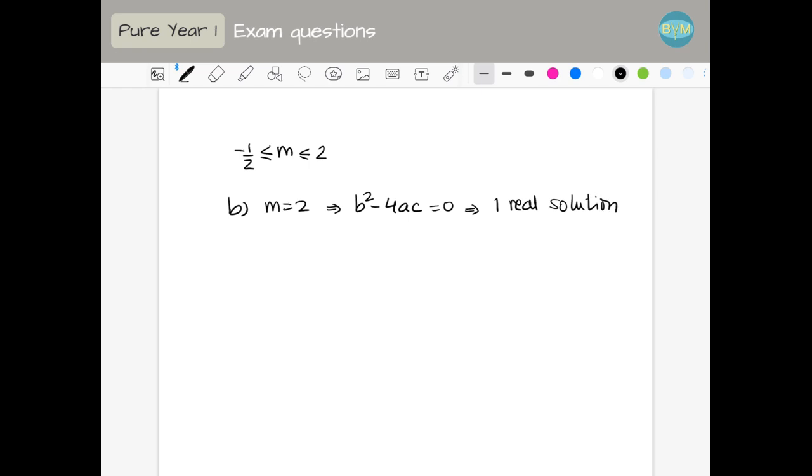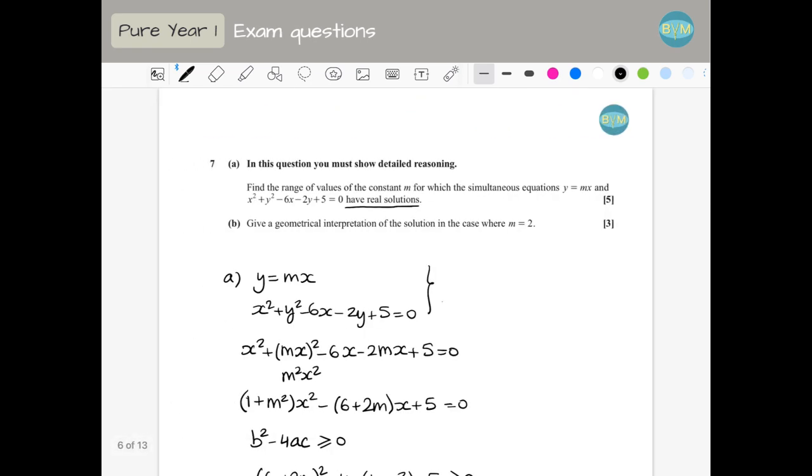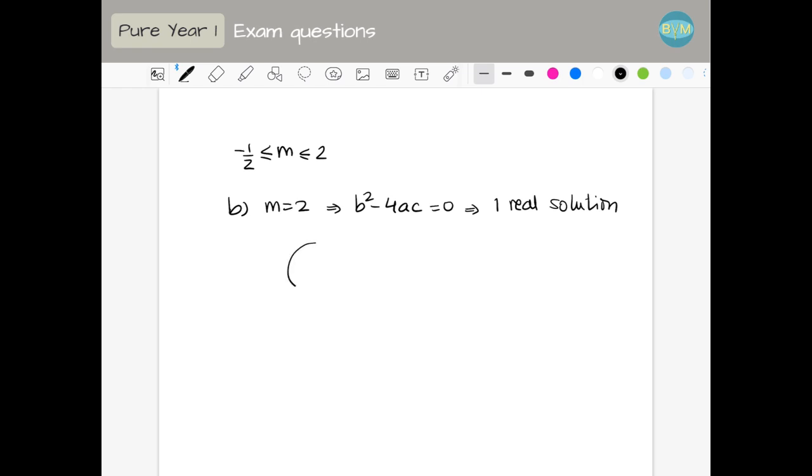Or you can consider that it's a double solution, which means between my quadratic, I think it's a circle. Is it a circle? Yeah, it's a circle. Between my circle and my line, I have one point of intersection only. That only can mean that it is tangent.